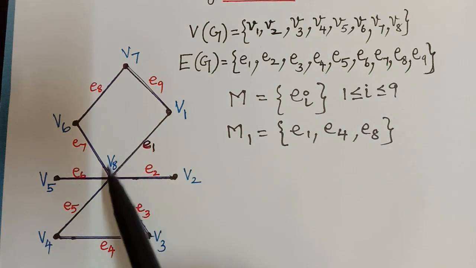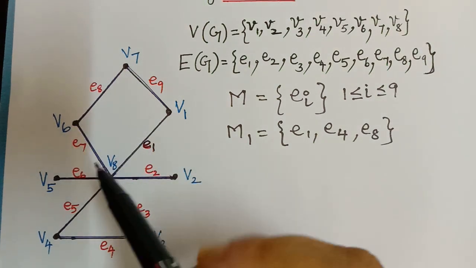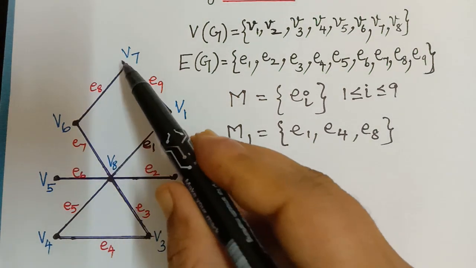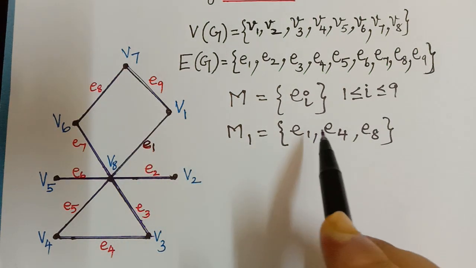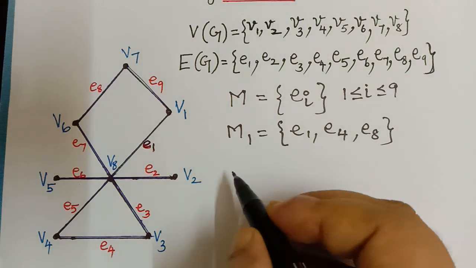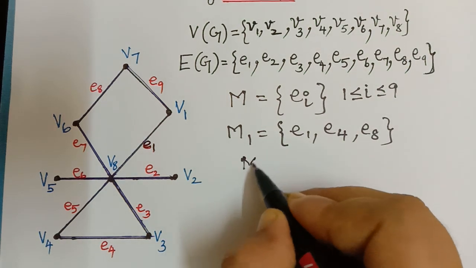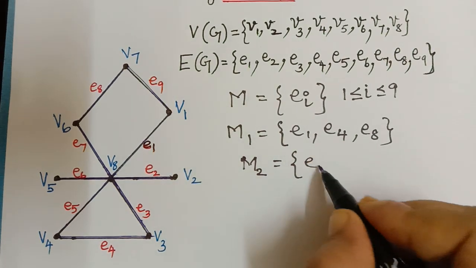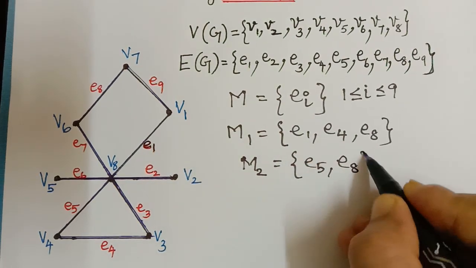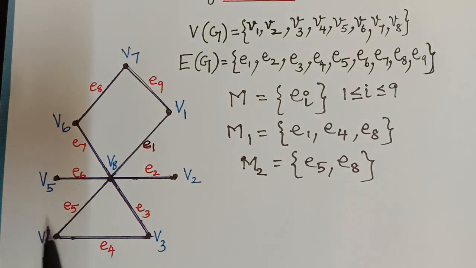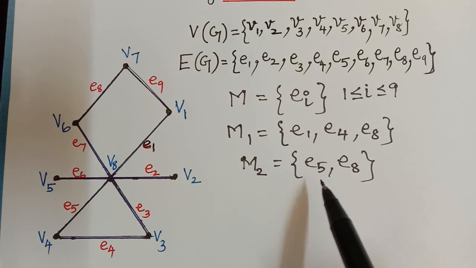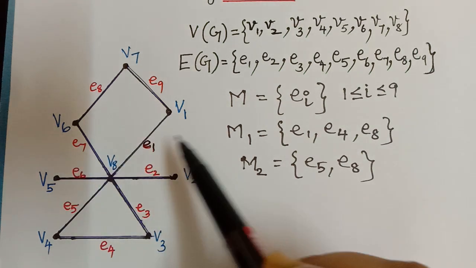Similarly, E1 is not adjacent to E8 and E4 is not adjacent to E8. So M1 is a matching. Now let us consider another matching M2 with only two elements, for example E5 and E8. E5 and E8 are not adjacent to one another, so it is a matching. Like this we can form many sets with two elements.